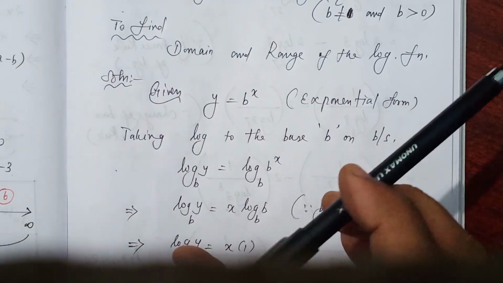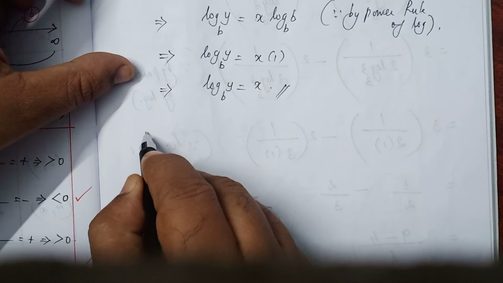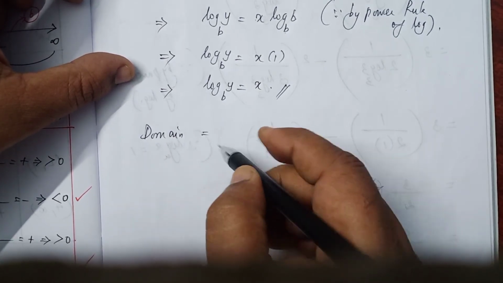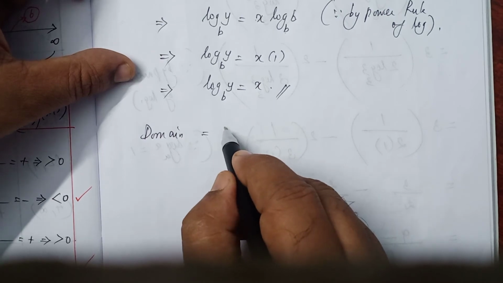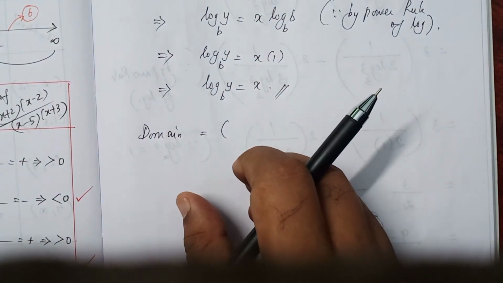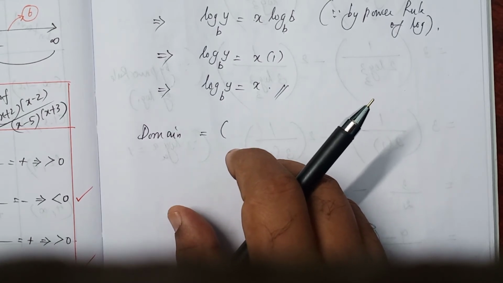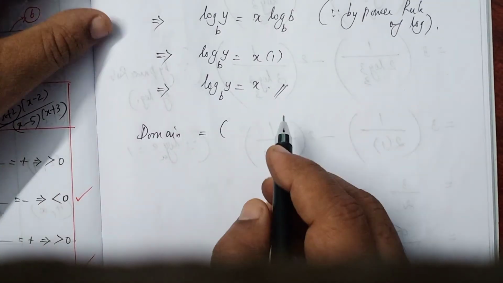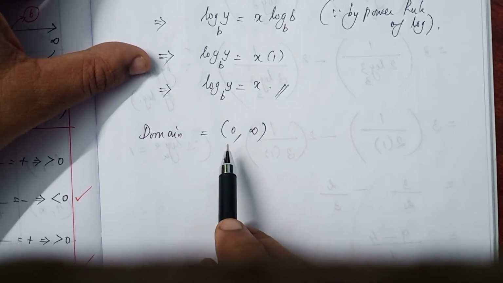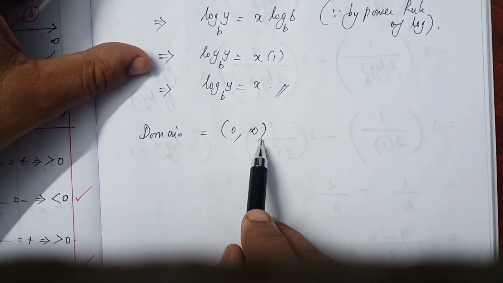Domain and range. Domain, already I told you, the logarithmic value can be calculated between 0 and infinity. That is a domain. So you have to mention 0 comma infinity. Look at the brackets, excluding 0 and infinity.